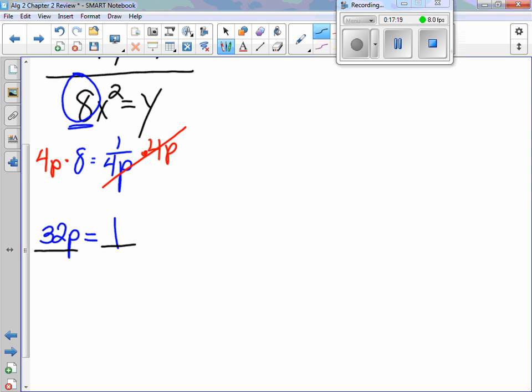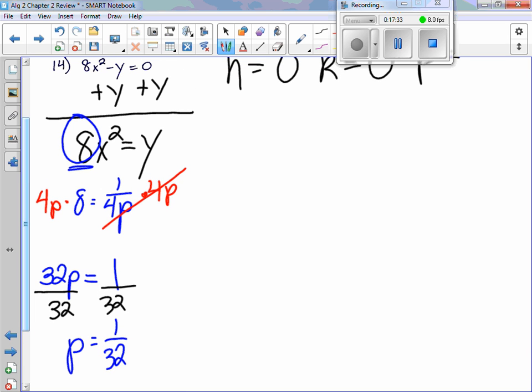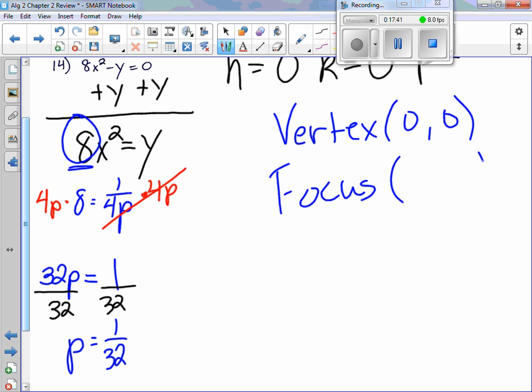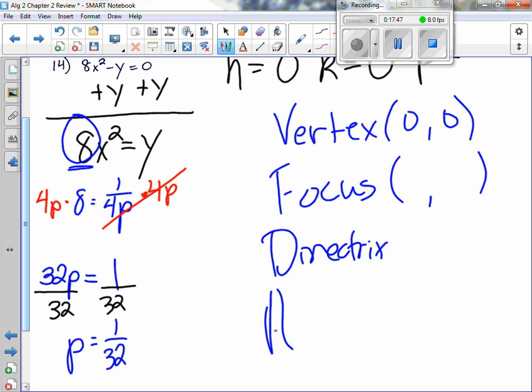We need to divide both sides by 32, which tells me p is equal to 1 over 32. Any questions on how we got the value of p?